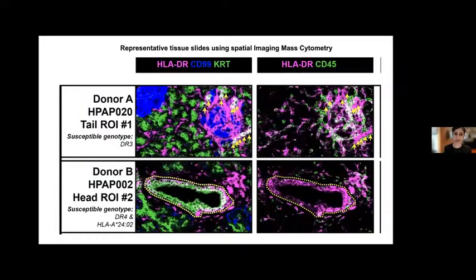In addition, the imaging mass cytometry data, again generated in the Kaestner lab and deposited on HPAP for every one of these donors, revealed quantitatively, as you see here as a specific example, ductal cells expressing KRT and the co-expression of HLA-DR and KRT, again suggesting an elevated frequency and number of these types of cells in type 1D donors.